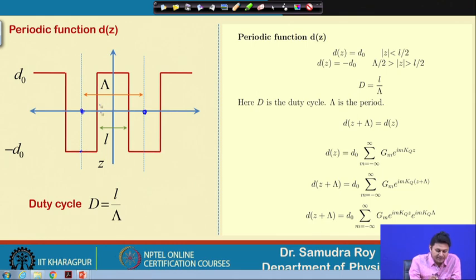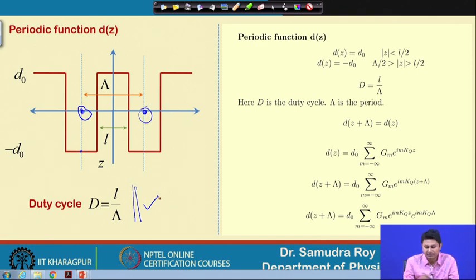So, this is a repetitive structure. From here to here we say this length is L. The ratio of L and lambda is called the duty cycle. We are going to use that later, but we should know.